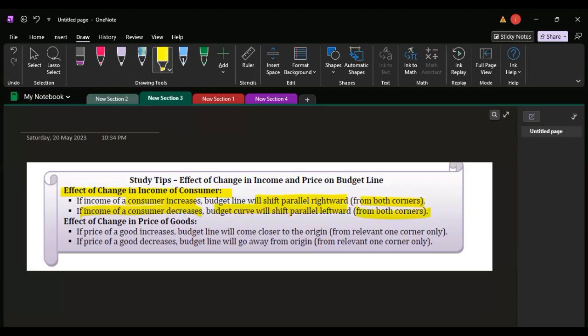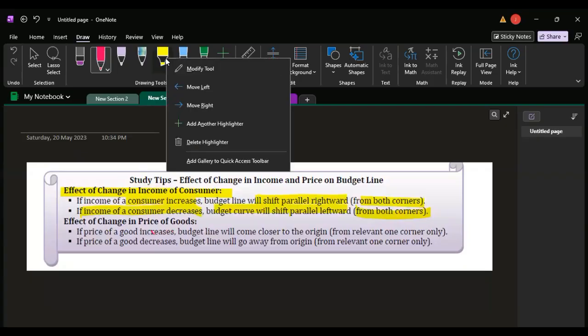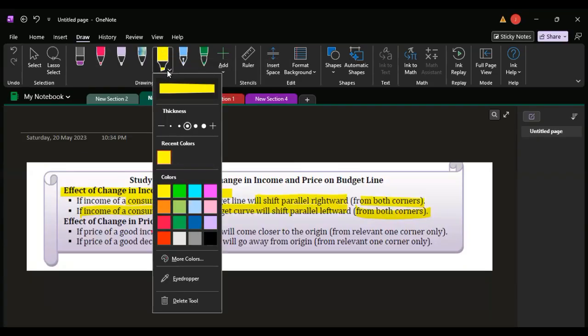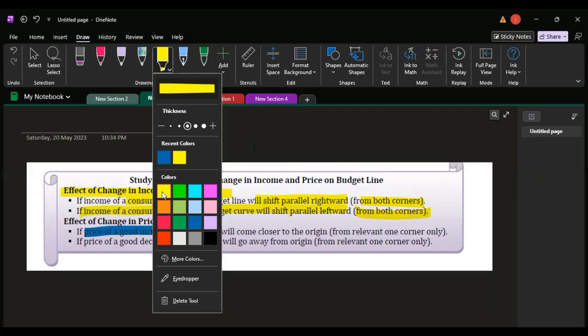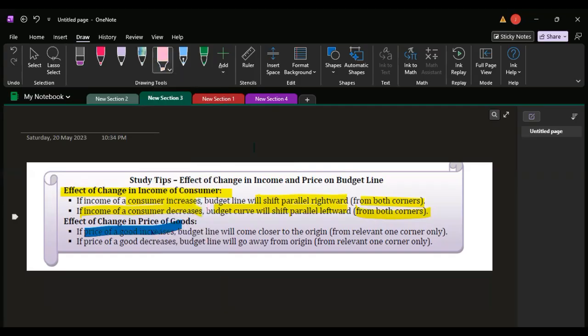And let's study what is the effect of change in the price of the products. If the price of a good increases, the budget line will move closer to the origin from the relevant one corner only, as we are assuming that the change is only in the quantity of one good.